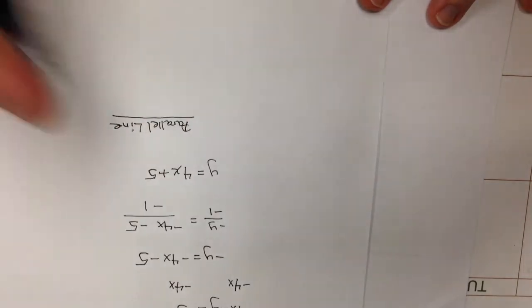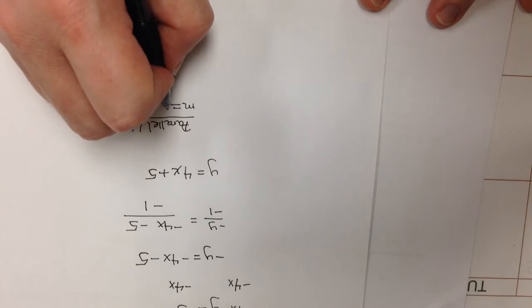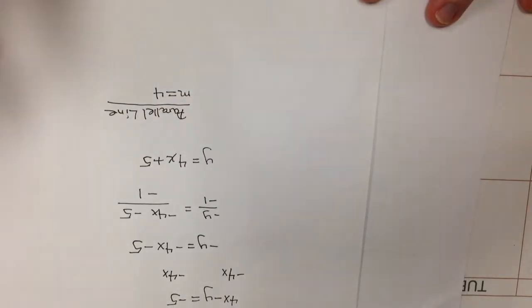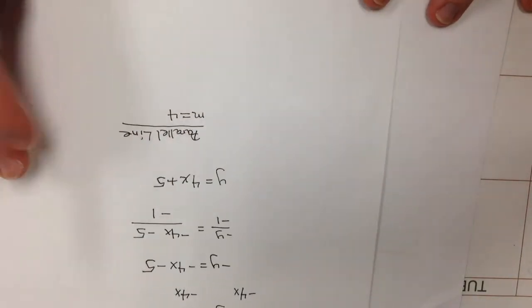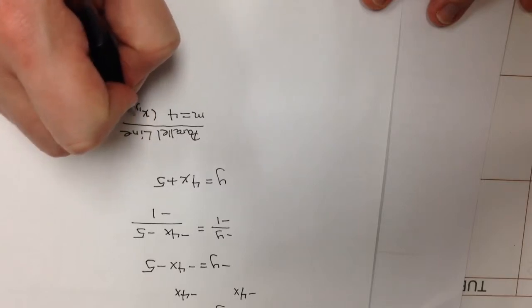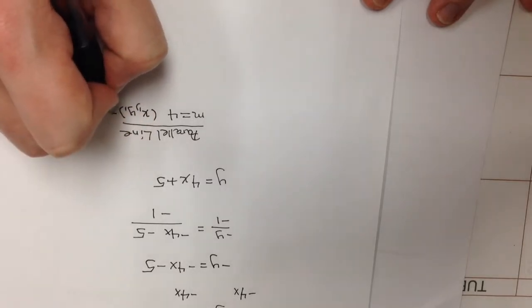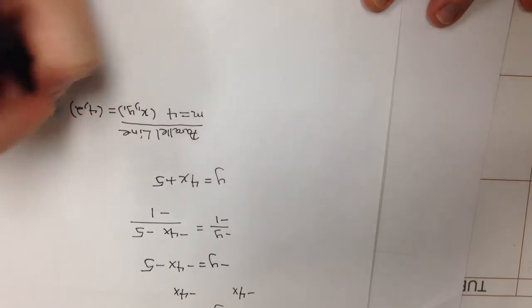And so in this setup, we have the slope m is equal to 4, same slope, and we have it going through the ordered pair (4, 2), the point through which it passes.